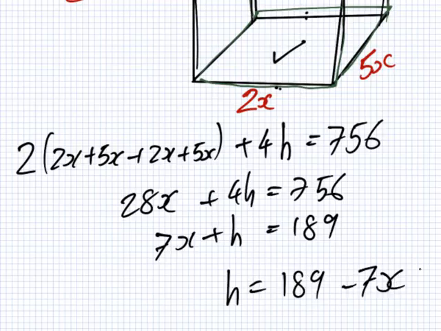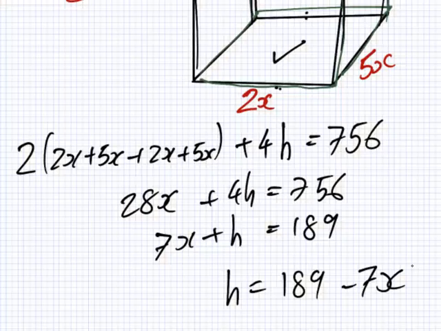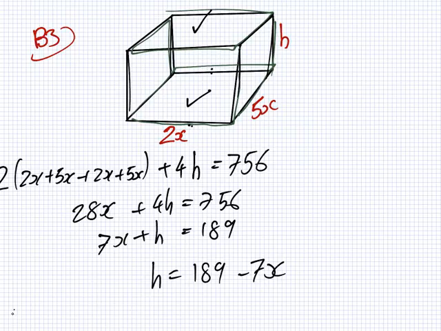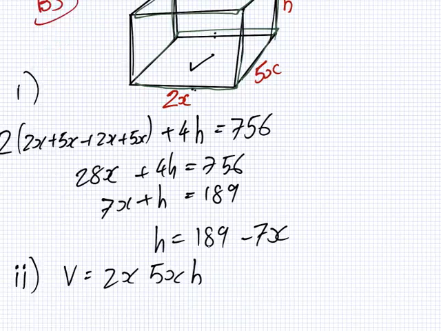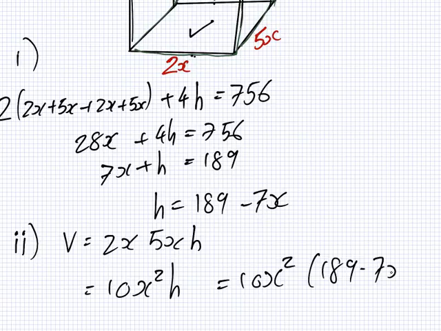Yeah. Next, get the volume. So part 2. The volume will equal 2x multiply 5x multiply h. That will equal 10x squared multiply h, which will equal 10x squared multiply 189 minus 7x.